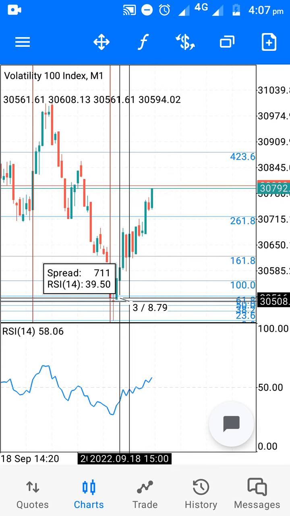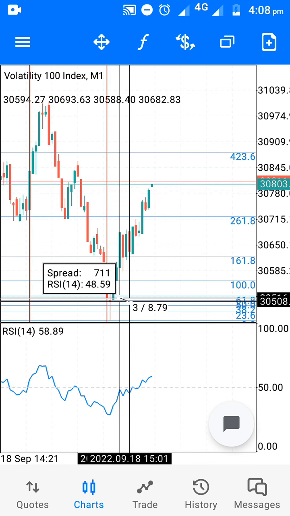So 100 pips from the average price when trading volatility 100 index and 0.50 pips from the average price when trading volatility 300 1 second index. This is our unique trading strategy known as momentum price projection trading strategy.